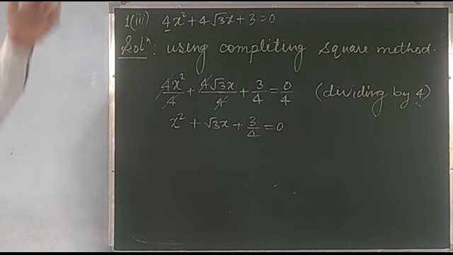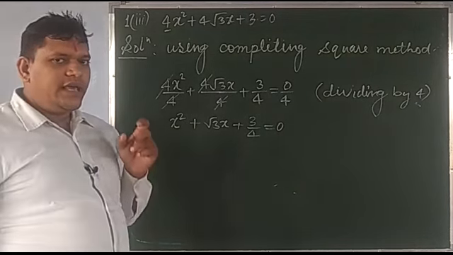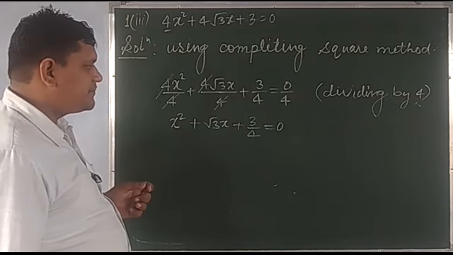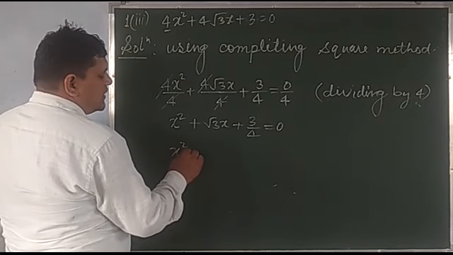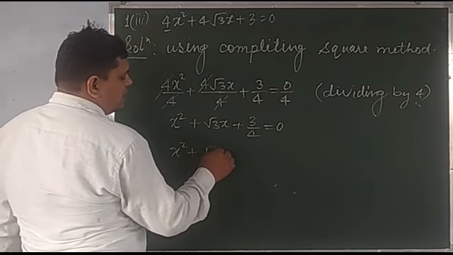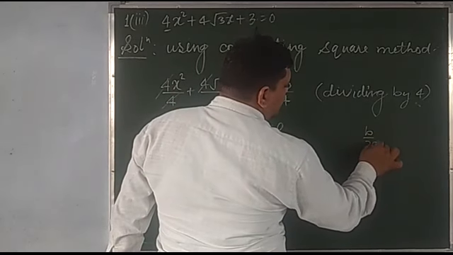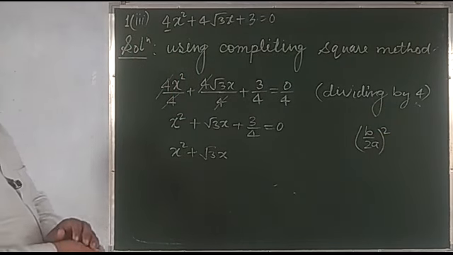And now we will proceed. I have told you b upon 2a whole square. x square plus under root 3 x plus b upon 2a whole square; this number will be added and this number will be subtracted.